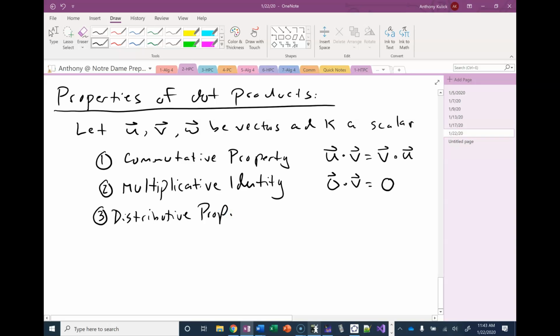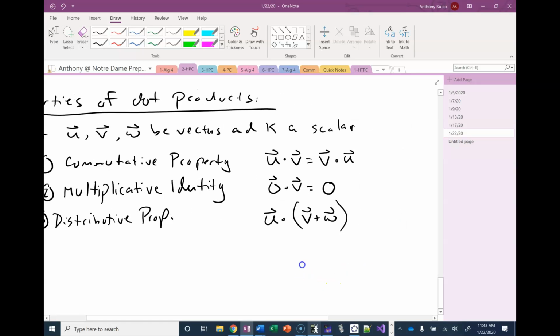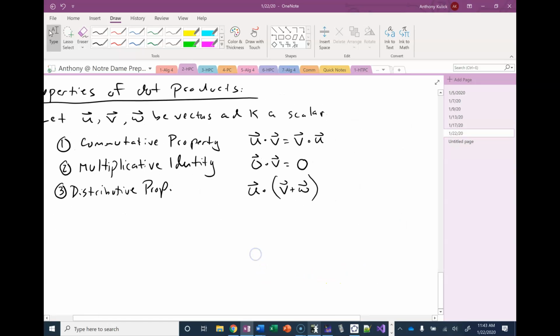There's a distributive property. So if I do u dot the quantity v plus w, that dot product just distributes across the sum.